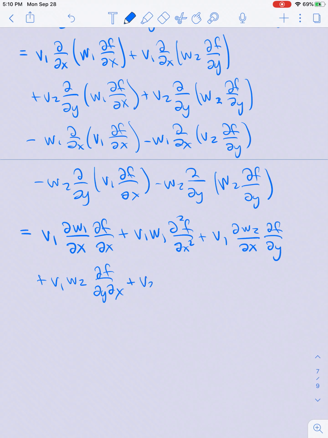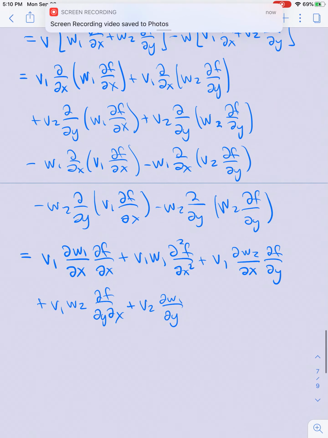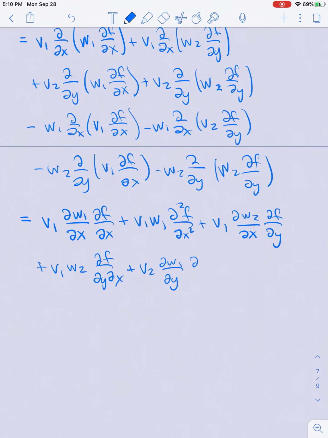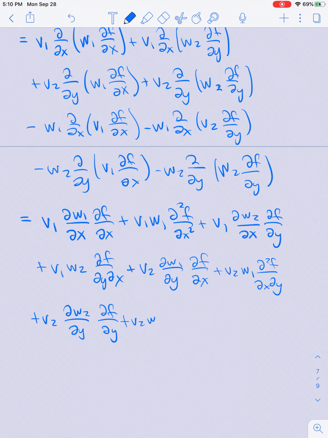Then I get V2, dw1, dy, times df, dx, plus v2 w1 d squared f dx dy, plus v2 dw2 dy df dy plus v2 w2 d squared f dy squared.